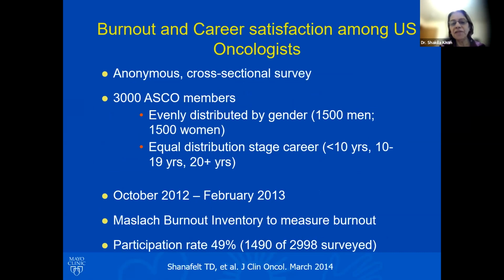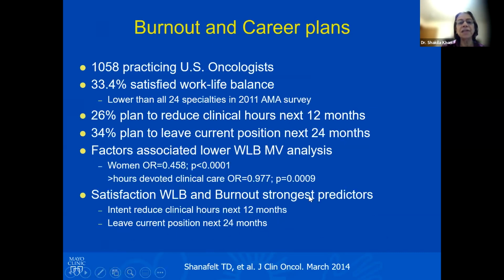And we have the Society of Clinical Oncology, and he actually found out, using the Maslach Burnout Inventory, that only 33% were satisfied with work-life balance, and 26% plan to reduce clinical hours in the next year or so, and 34% plan to leave the current position.